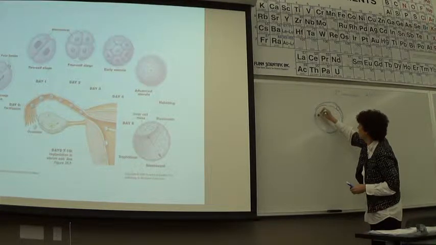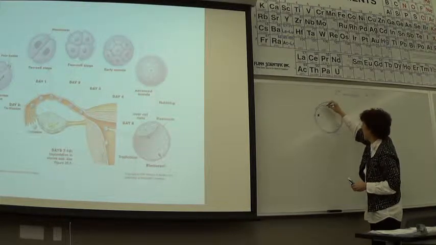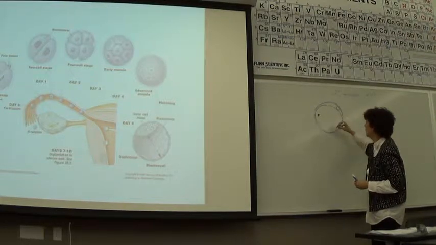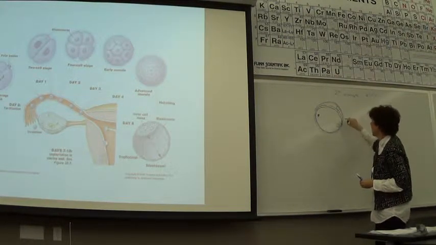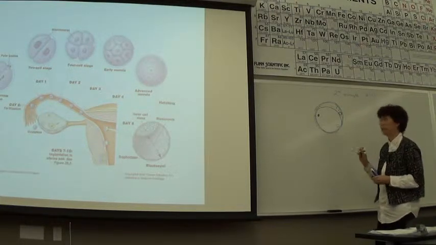So we have our 2N, 2 copies. And as soon as this occurs, we see a second division, our second meiotic division, but we need to include our sperm head in that. And we see our second polar body, all right?